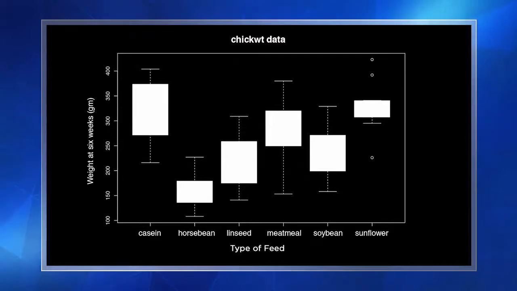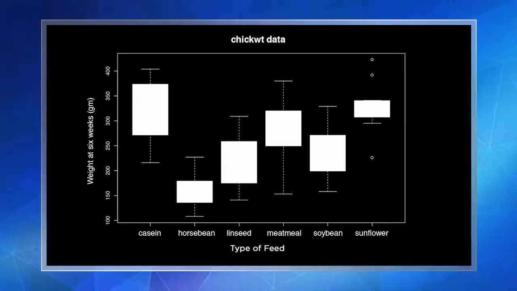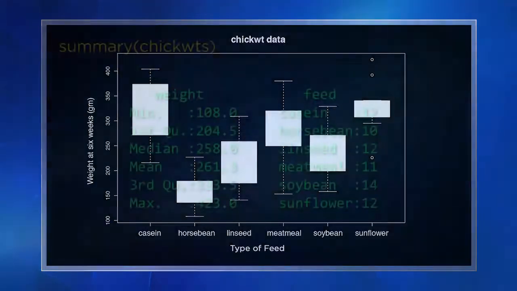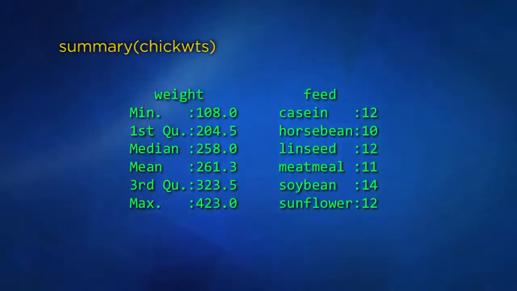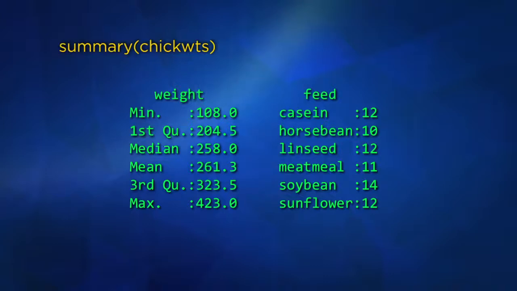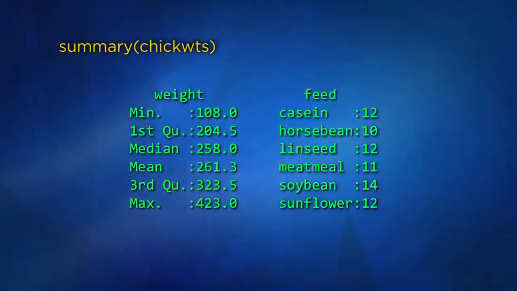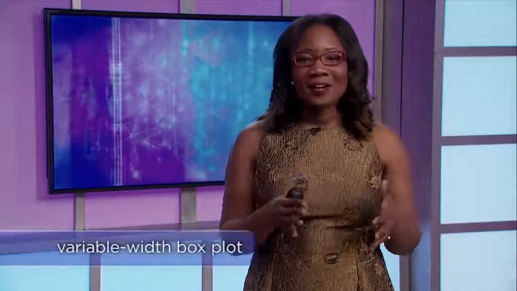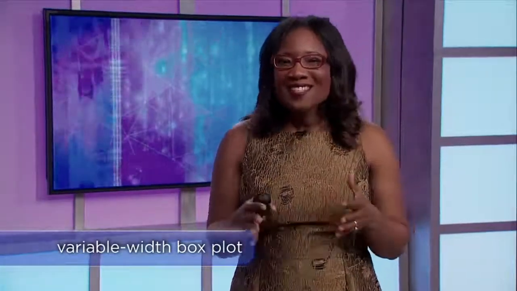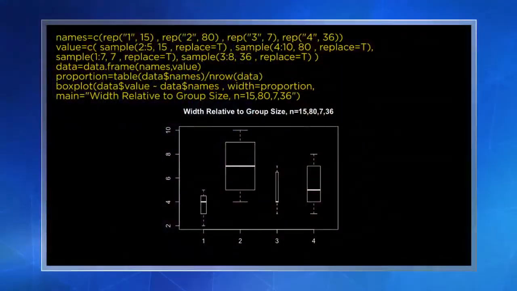So ANOVA also requires the number of cases in your data groups to be approximately the same. Now in our case, our group sizes only range between 10 and 14. But what if we had larger variation in our sample size? Well, we could actually create what's called a variable width box plot. And this can show you whether your groups have the same number and shape.